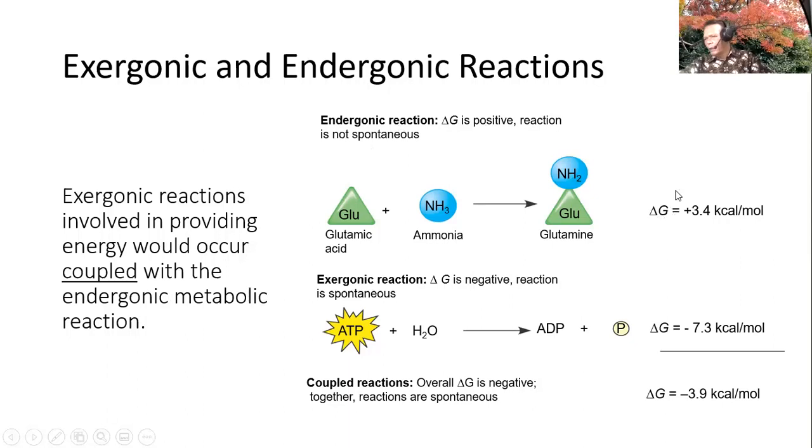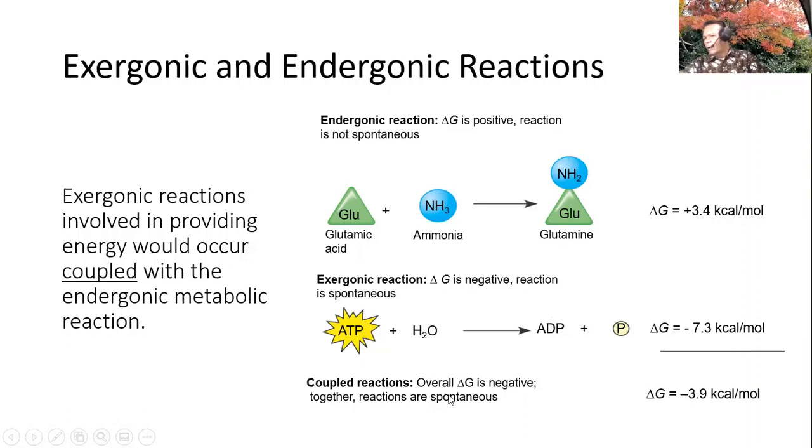You can see here, delta G is plus 3.4 kilocalories per mole. Then for the exergonic reaction, delta G is negative and the reaction is spontaneous. This is ATP hydrolyzed into ADP, and delta G is minus 7.3 kilocalories per mole.